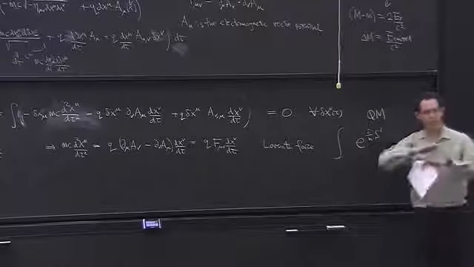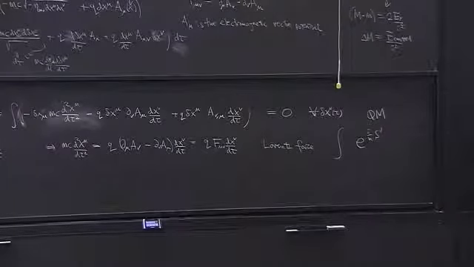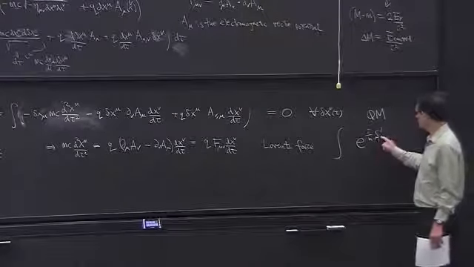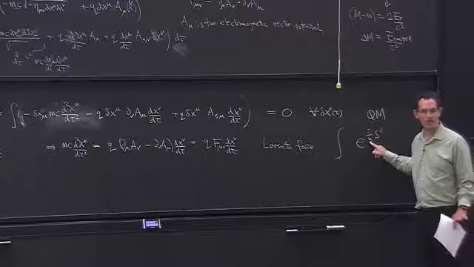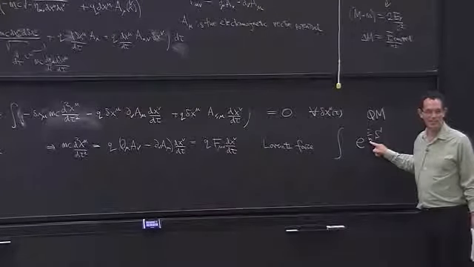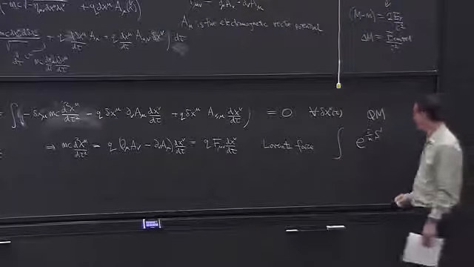Okay, the integral over all paths. So this is Dirac and Feynman's formula for quantum mechanical amplitudes. And so what you notice is a couple of things. First of all, the action has to have the same units as h bar in order for anything to make sense. And all the actions have the units of h bar.